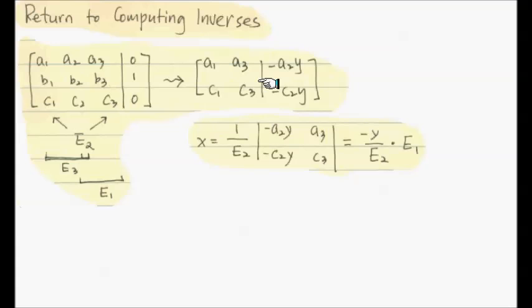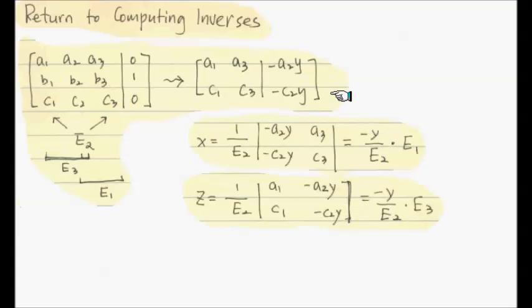And for x, the first variable, the first column is replaced by the right-hand side. If you factor out y, that's going to be e2 down there, and a2, a3, and c2, c3, which will be labeled e1 because it misses the first column. So e1 is here, e2 is there, and negative y is factored out.